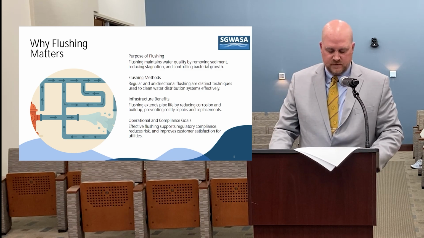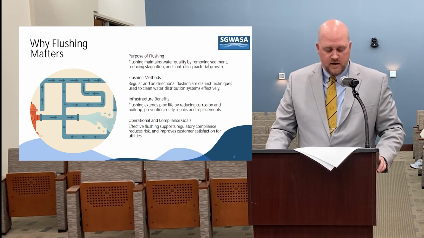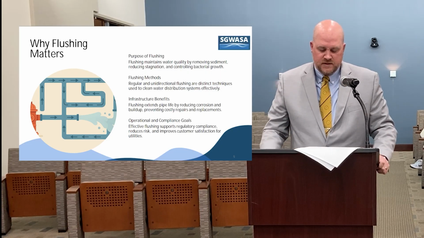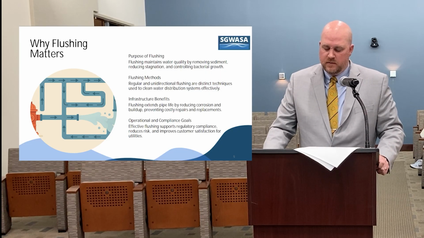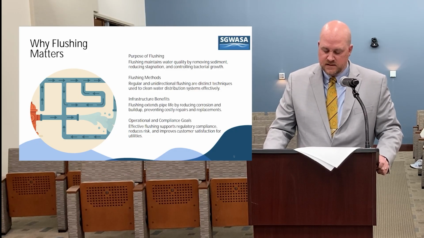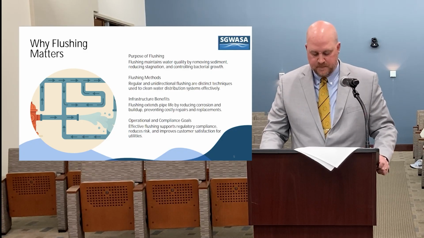So, introduction to flushing programs. Why flushing matters. The purpose of flushing maintains water quality by removing sediment, reducing stagnation, and controlling bacterial growth. Flushing methods, you have regular and unidirectional flushing. They're both distinct techniques used to clean water distribution systems effectively.